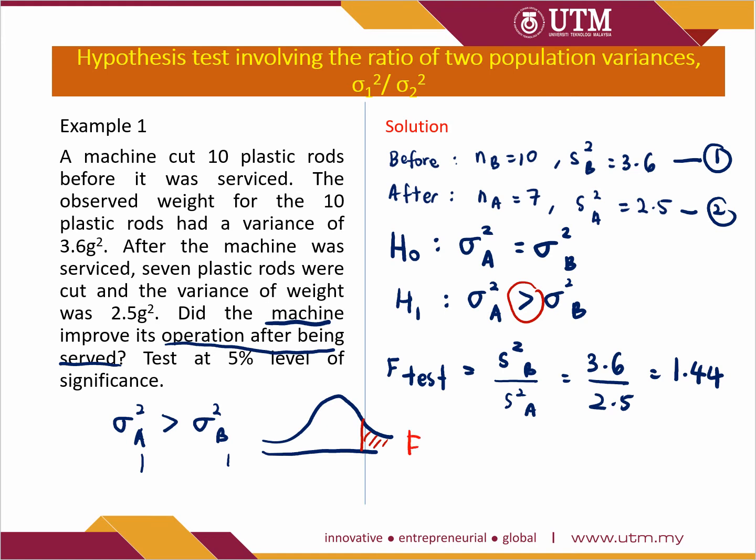First identify F 0.05, where n1 is 10 minus 1 and for the other it is 7 minus 1, which is F 0.05, 9, 6, where the value is 4.1.